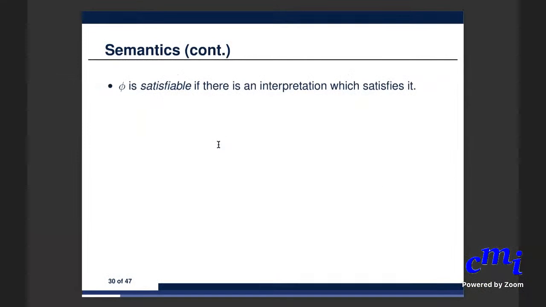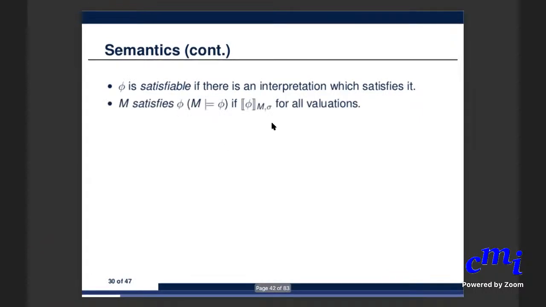Okay, just to finally recap. Okay, so what do we have? Phi is satisfiable. Okay, these are the things that we went through. Just to recap, in this predicate logic, there is this notion of satisfiability, which means there is an interpretation and evaluation, missing here, which satisfies it.